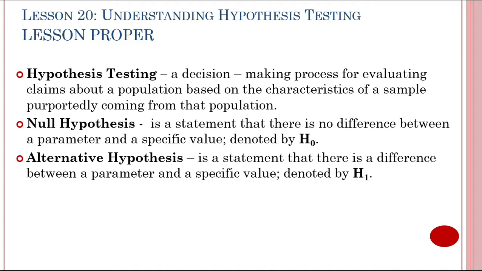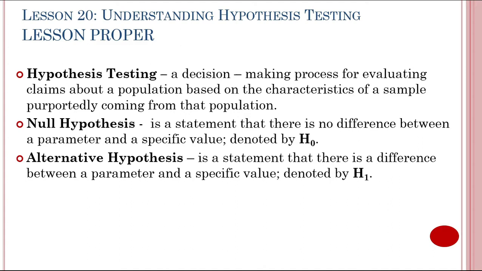So, ano ba yung hypothesis? Kung maalala nyo, pag nag-experiment tayo sa science, meron tayong hypothesis, meron tayong isang basis. So, tetestingin natin yung hypothesis na to kung totoo o hindi. So, kapag walang pinagkaiba in terms of statistics, when we say null hypothesis, wala daw pinagkaiba yung parameter at yung specific value.